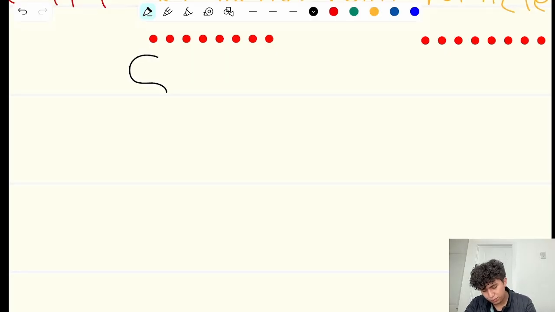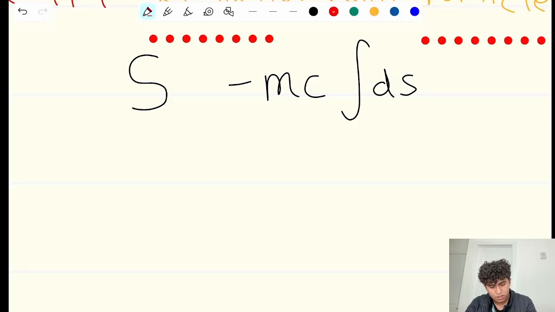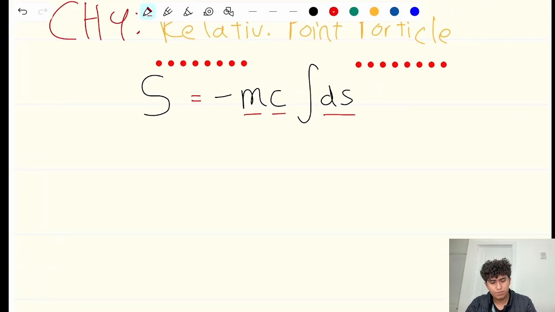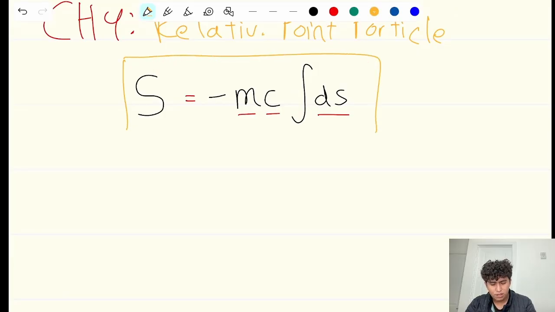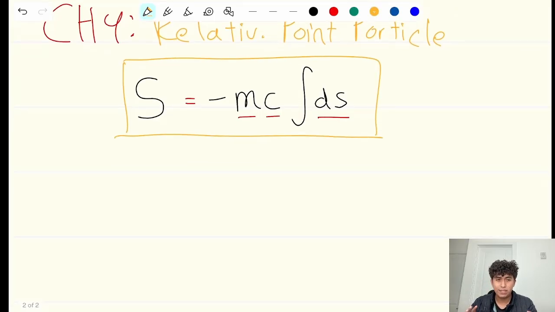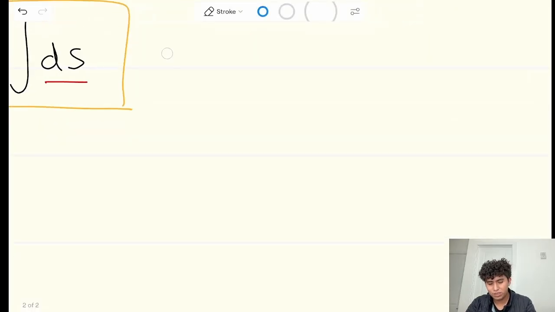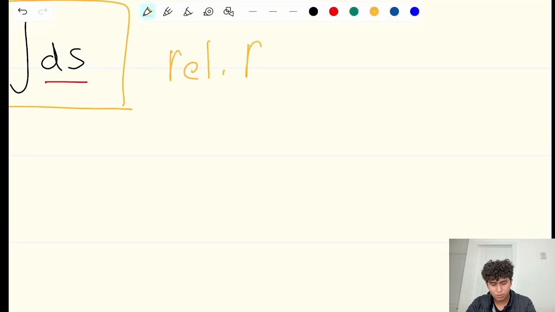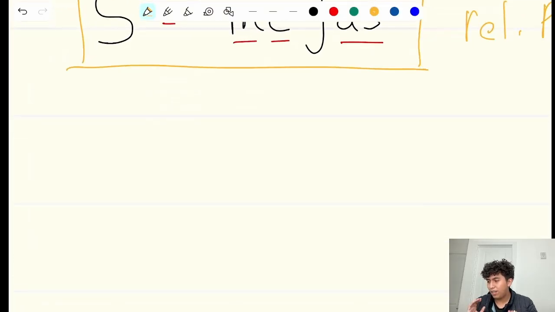So let me first show you this action. This is the mass, this is the speed, and this is the invariant interval. Now let me explain how we got to this. This is the action for a relativistic point particle. I'm just showing you the result first, and then I'm going to show you how we derive this.